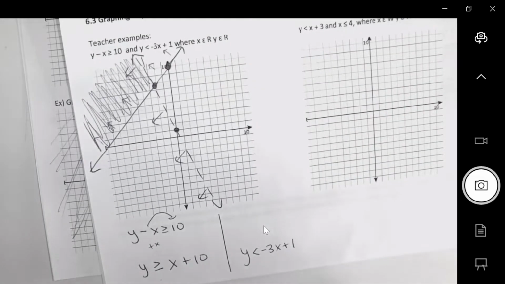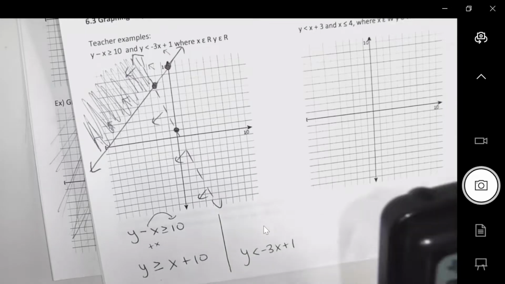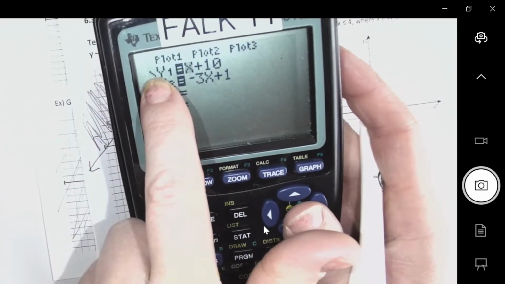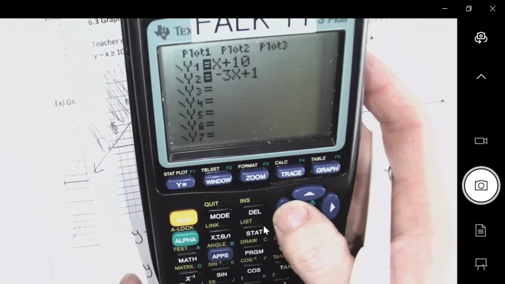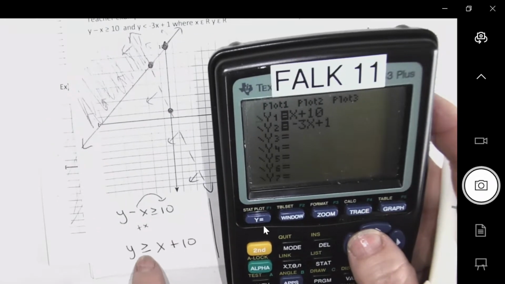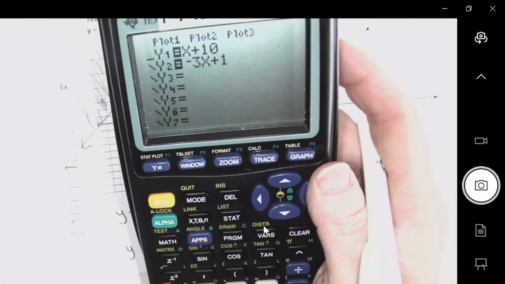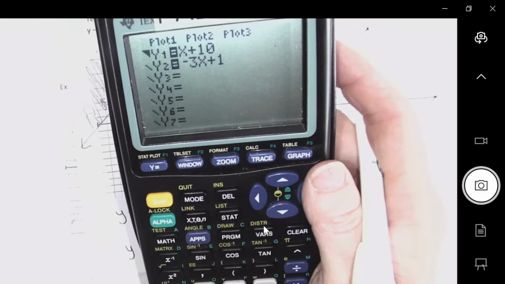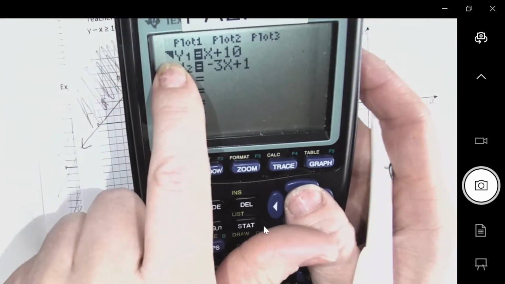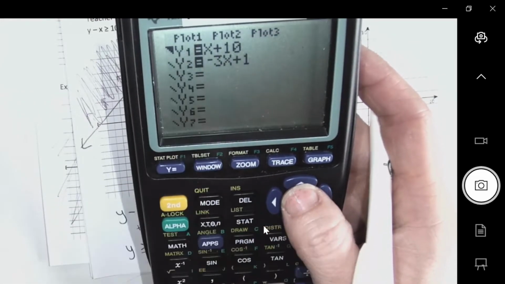Did anybody try doing the thing on their calculator where they change the symbol? I'll show you it once. So on this one, first one, I wanted a greater than. So enter a few times. Okay, that symbol means greater than, the top triangle.